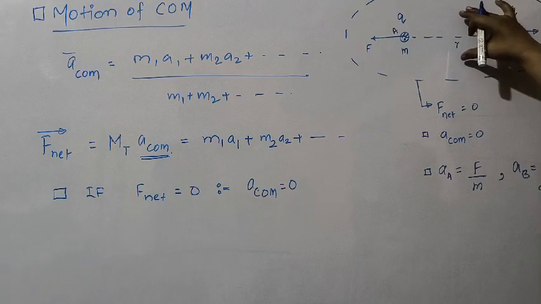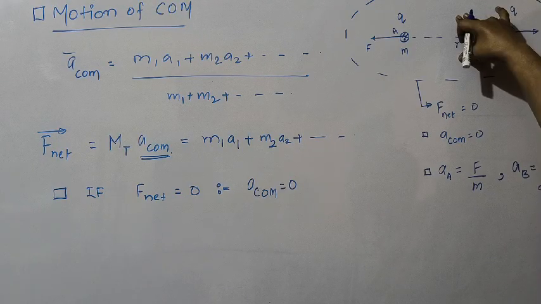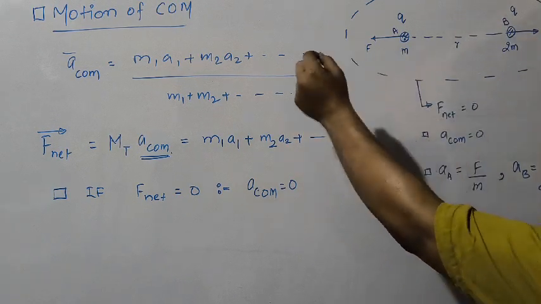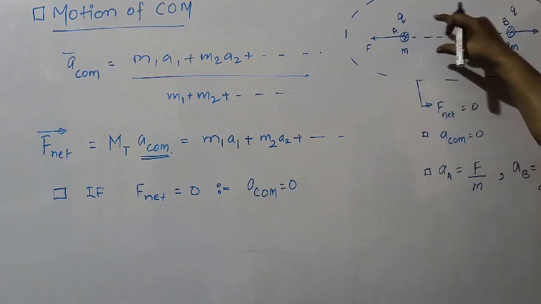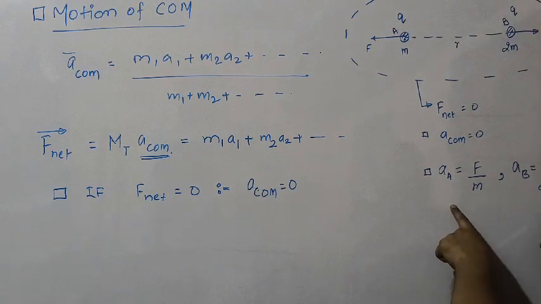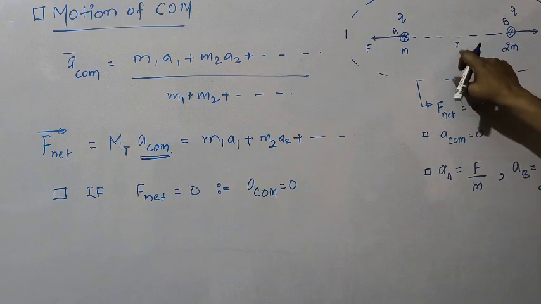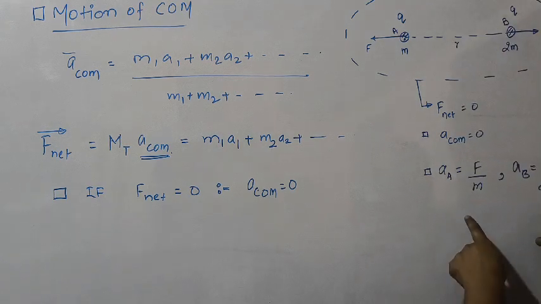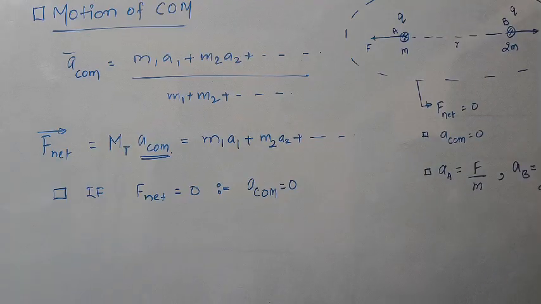So if these charges are released at t equal to 0, what will happen? They will separate. The initial velocity will be 0 if they are released, but due to the acceleration, after some time they have some velocity.